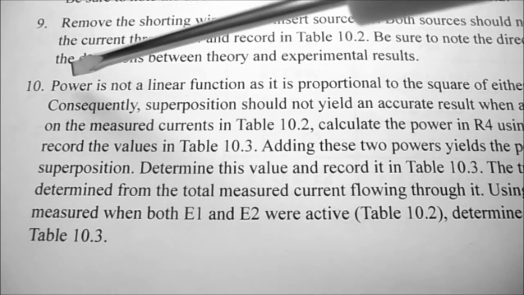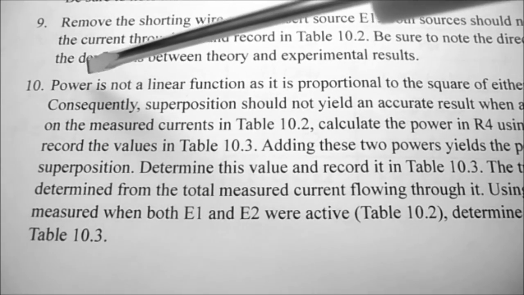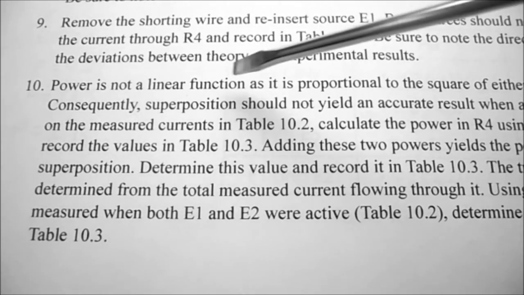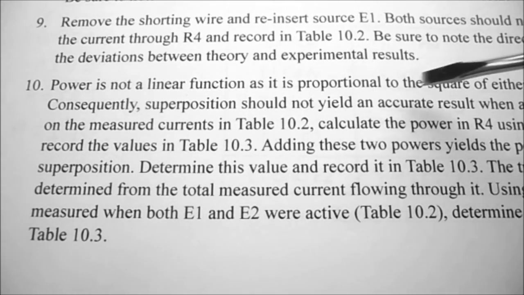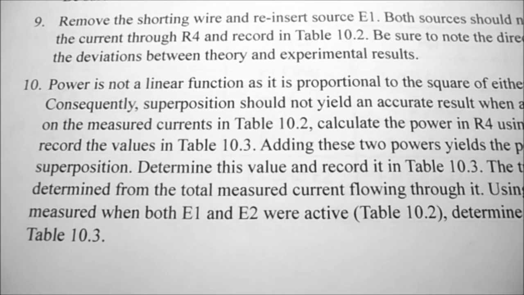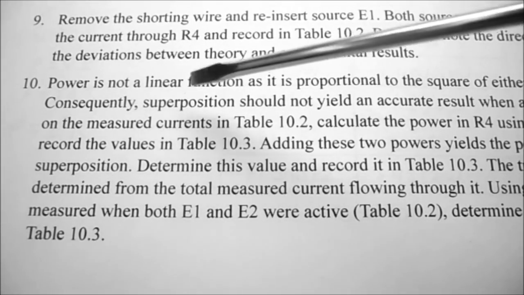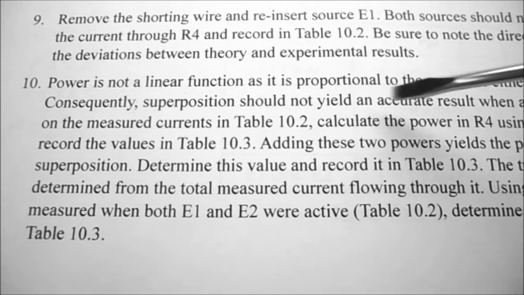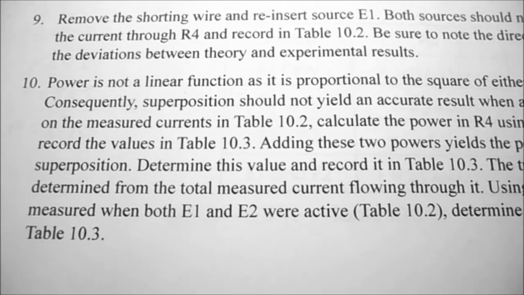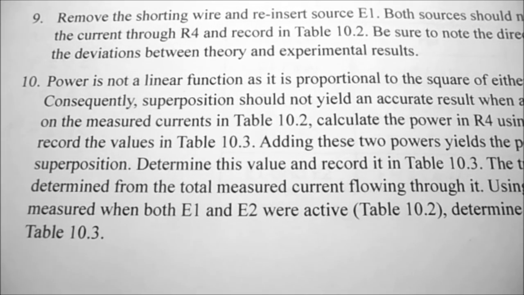Under procedure, step number 10, it says power is not a linear function as it is proportional to the square of either voltage or current. Consequently, superposition should not yield an accurate result when applied directly to power.